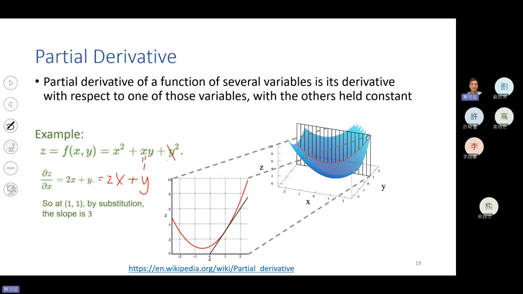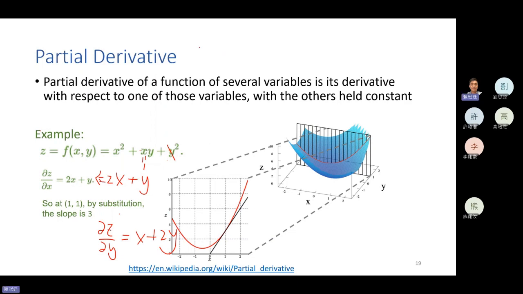So that's the partial derivative of f with respect to x. You can do the same thing with y, and it will be x plus 2y. So with partial derivative, we can do the derivative one by one for all the variables in your vector.